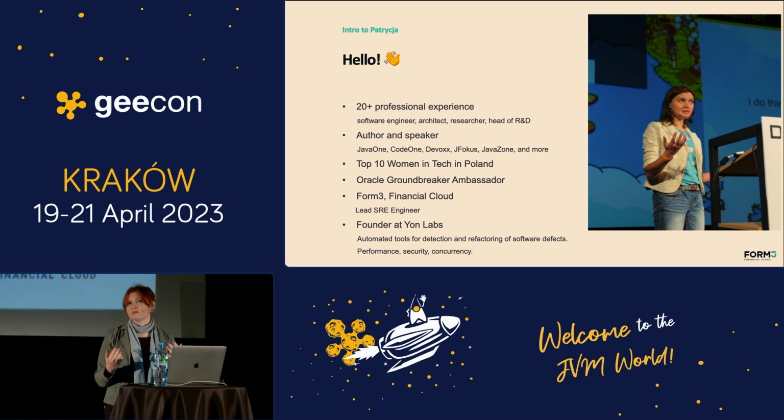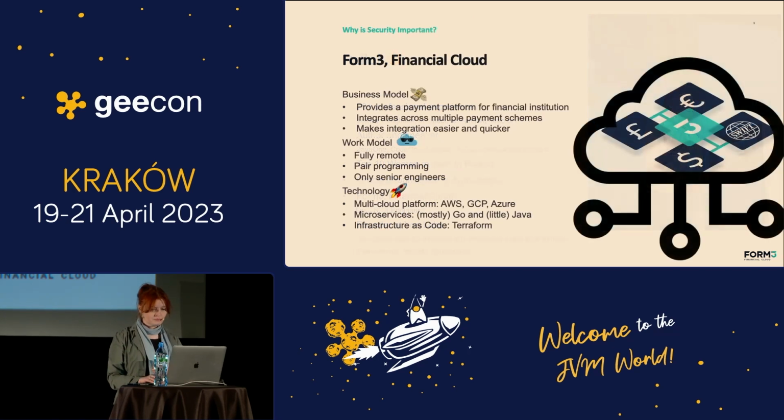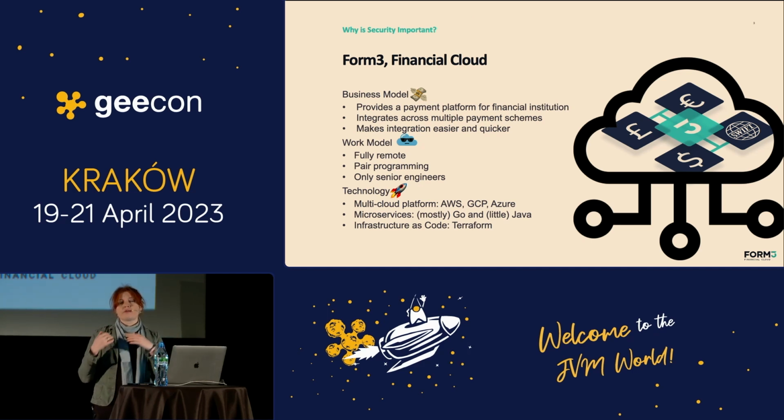So what do we do at Forum 3? In short, Forum 3 is financial cloud. We provide a payment as a platform model for easy and quick integration with various payment schemes via REST API. We are technology-oriented, fully remote, cloud-based with microservices architecture.